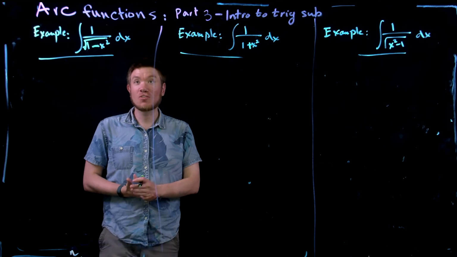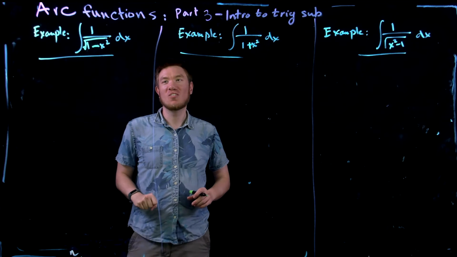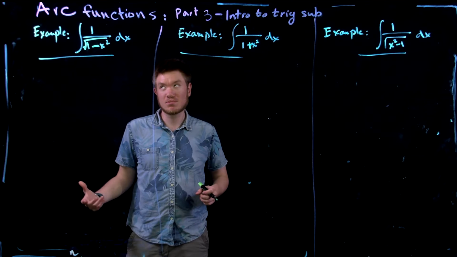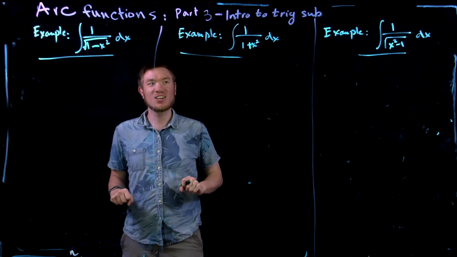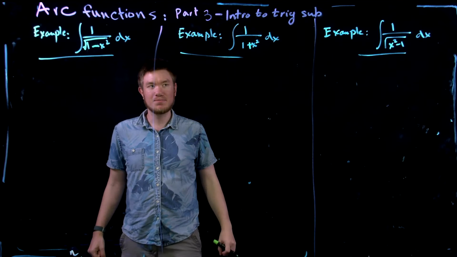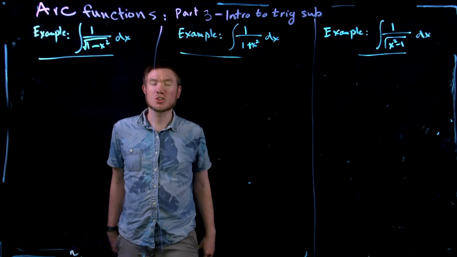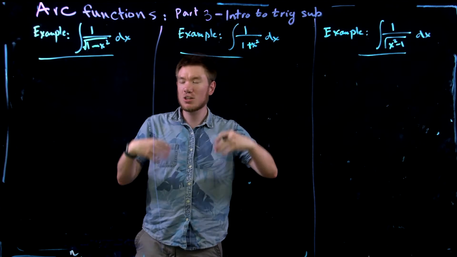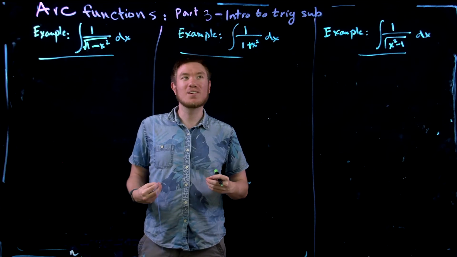So in Calculus 1, we learned that the integral of 1 over square root 1 minus x squared dx was arc sine, and that the integral of 1 over 1 plus x squared dx is arc tangent.